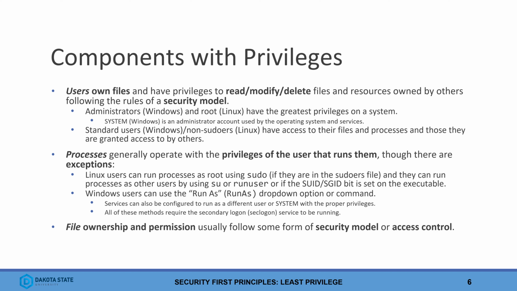Services can also be configured to run as a different user or SYSTEM if the user configuring this has the proper privileges. All of these methods, however, require that seclogon, the secondary logon service, be running. So if this is disabled, none of these features will work. Finally, file ownership and permission usually follows some form of security model or access control for associating users with the permissions they have to edit and modify files.